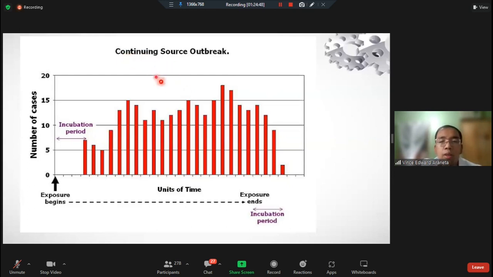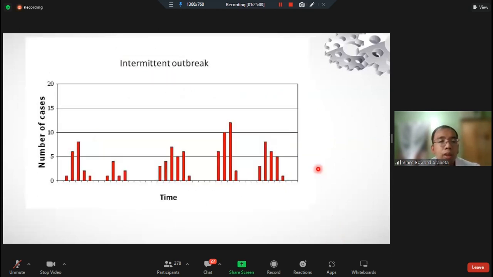So there's continued exposure. Next, there's also the intermittent outbreak epidemic curve. You may occasionally see this pattern. This seems to be a common source that is not well controlled, actually. So outbreaks recur. Depending on the time frame, it could be seasonal or weather related, or perhaps due to a common source such as an industrial contaminant being emitted at intervals, causing these intermittent outbreaks.